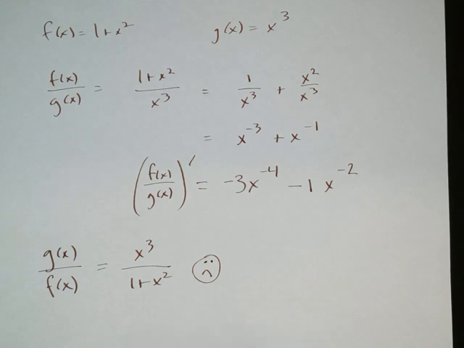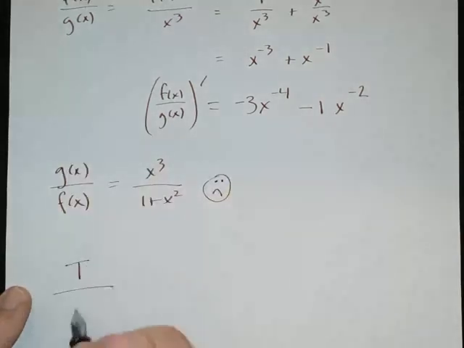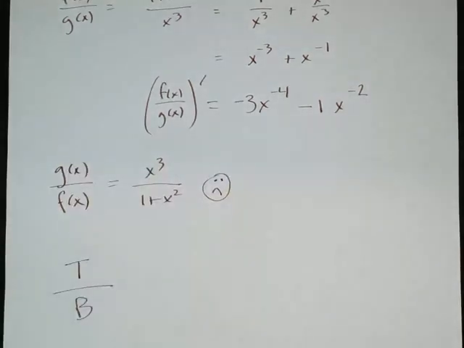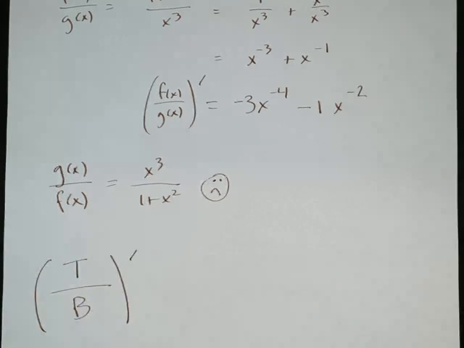I want to do this derivative. So let's think about this instead of g and f. Let's think about this as the top function and the bottom function. This is going to start very similar to the product rule. I'm going to do the derivative one at a time.